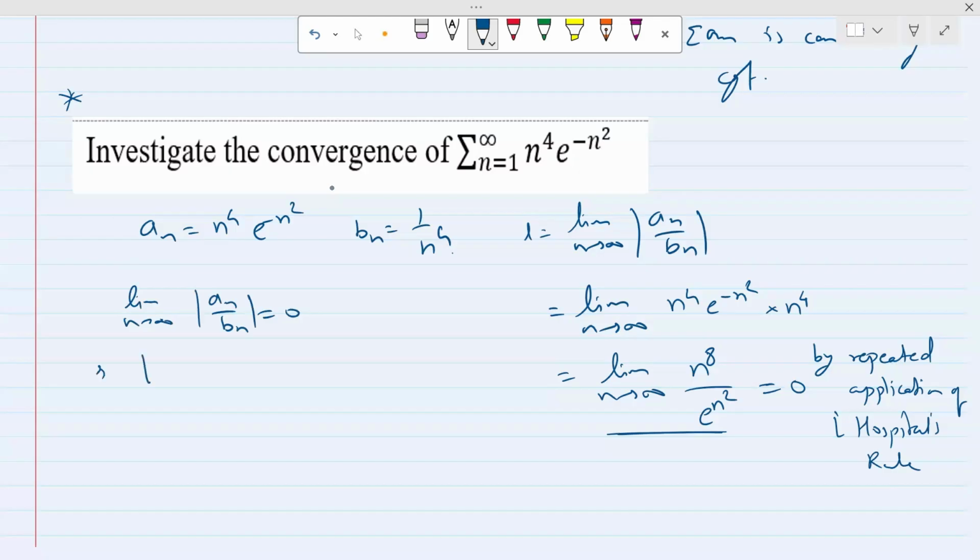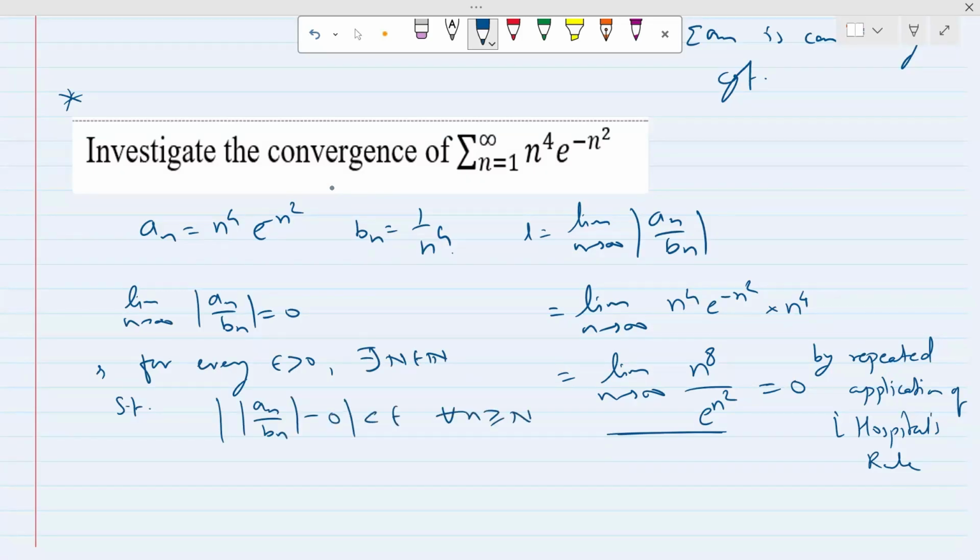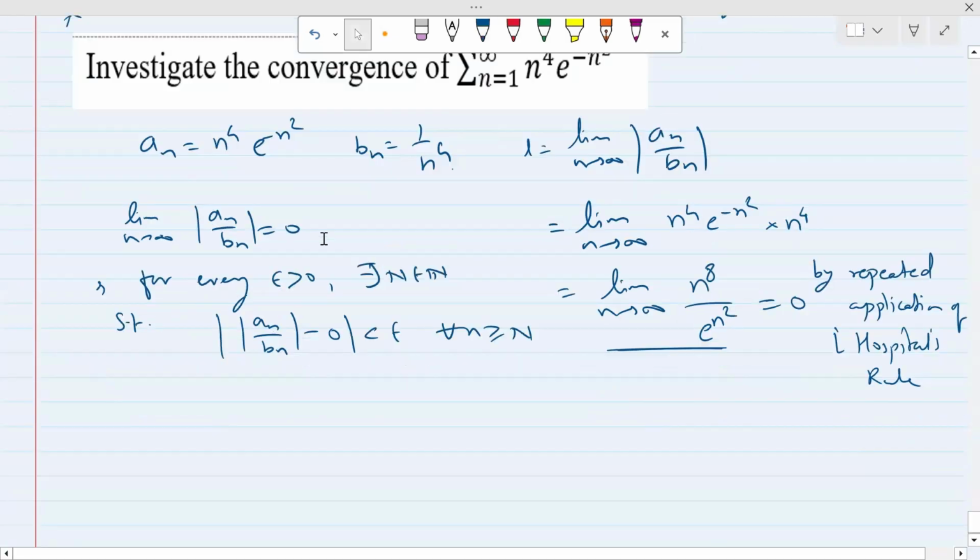This implies for every epsilon greater than 0, there exists a natural number N such that mod of mod an by bn minus 0 is less than epsilon for all n greater than or equal to N. This is the definition of convergence of a limit.